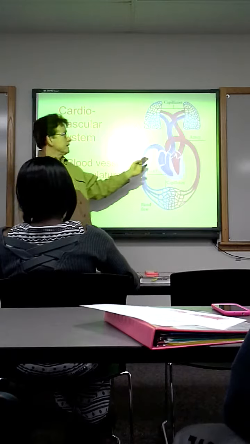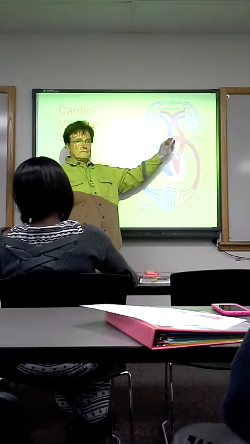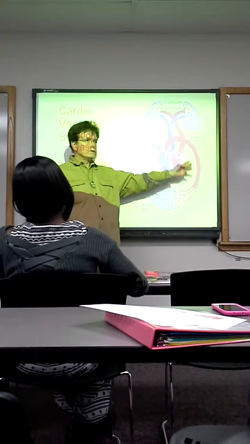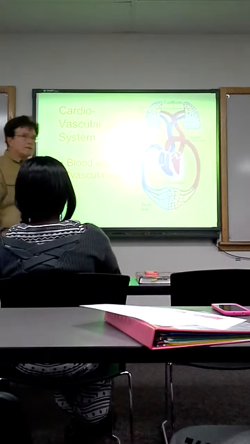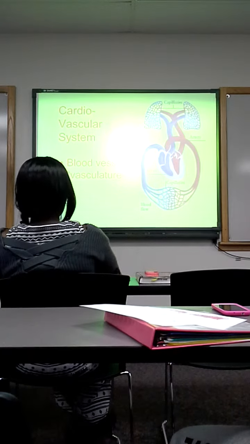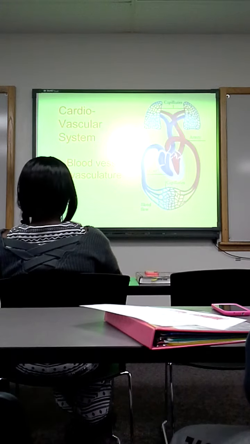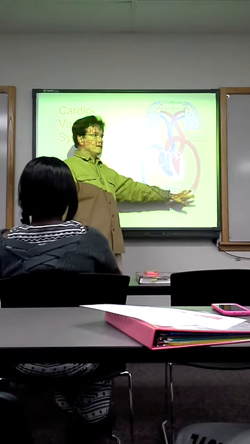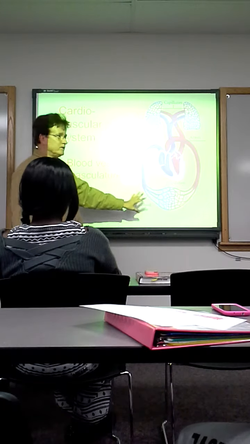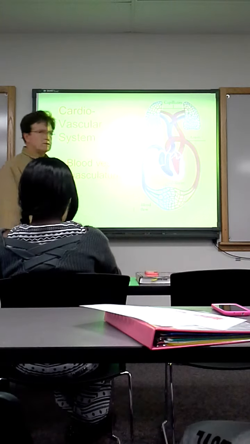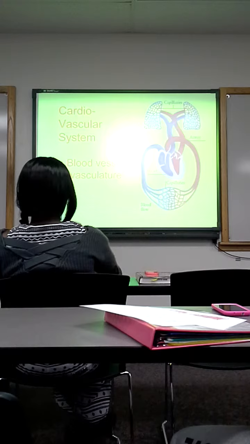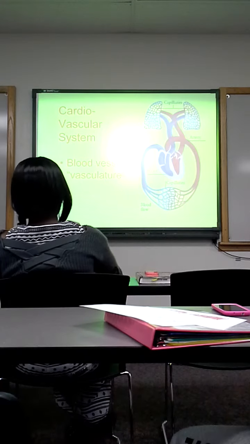Notice that in the systemic circuit, the circuit being fed by the left ventricle, the arteries are shown in red. Because the blood being pumped out of the left ventricle is blood that's just returned from the lungs where it's been oxygenated. The veins are shown blue because the oxygen content has been removed or reduced as the blood passes through the systemic organs.